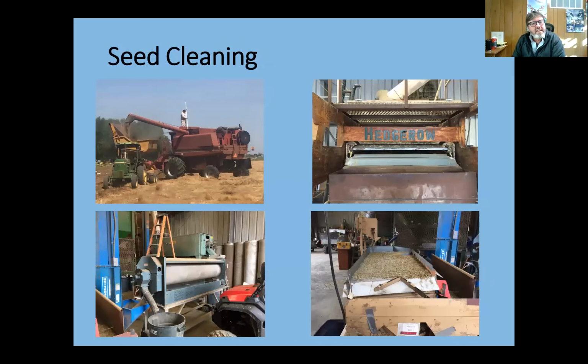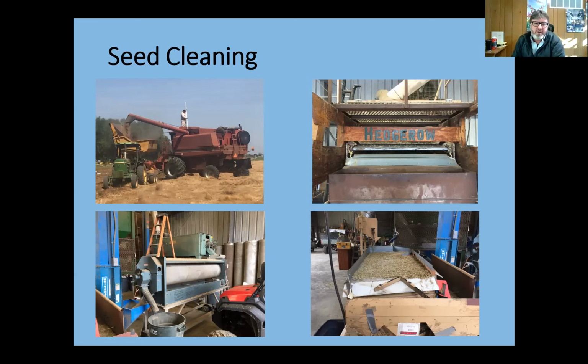Seed cleaning is also an essential part of the process of growing out native seed. It's really important that you grow high quality seed that has minimal amounts of weed and chaff. In the picture on the upper left, that's a combine dumping the material into a dump cart. A combine is actually a remarkable piece of equipment.